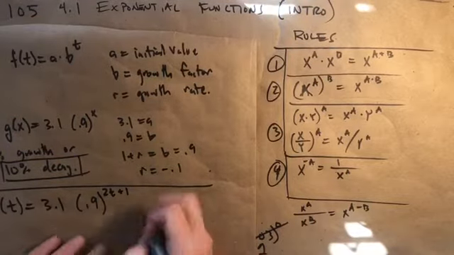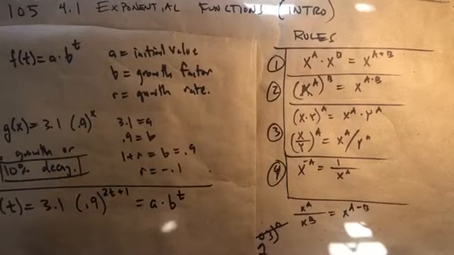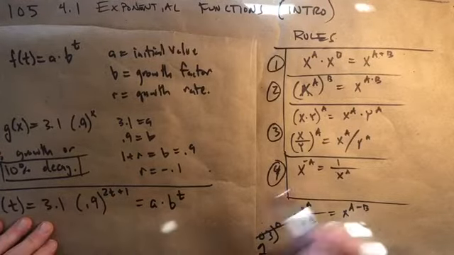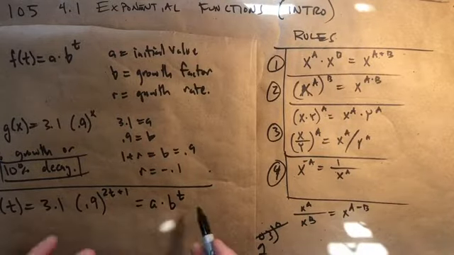And I want to get this in the form of a b to the t. And so what we're going to have to do here is we're going to have to use our properties of exponents to manipulate it to get it into that form.